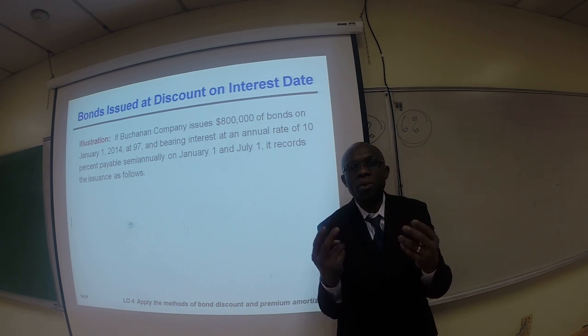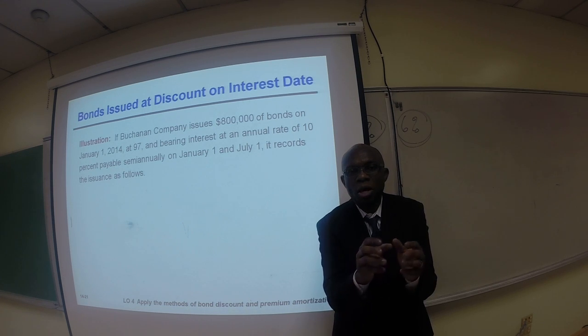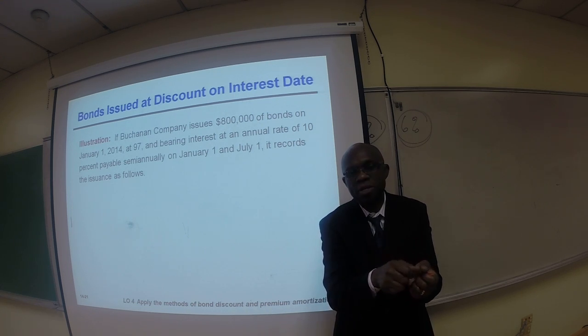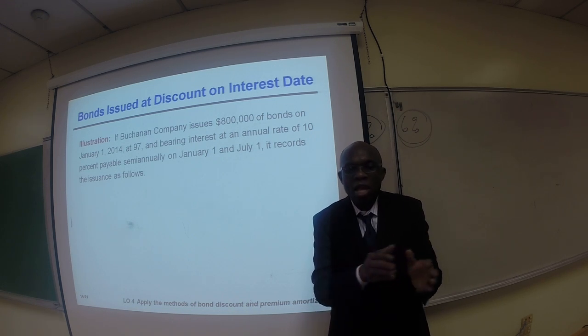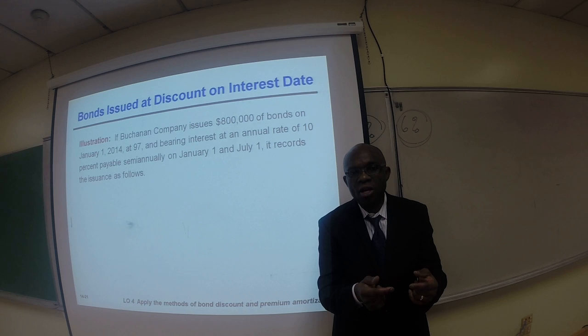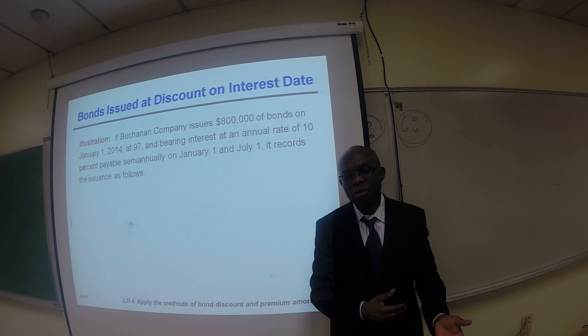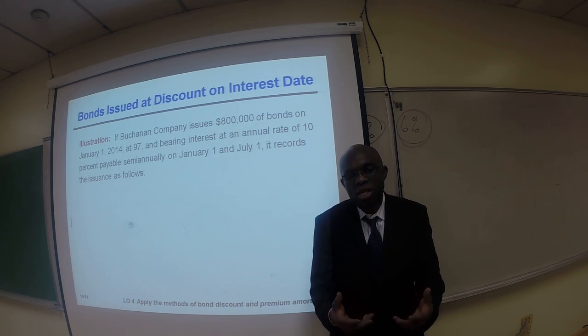By the way, we have two ways of calculating the value or the price of the bond. One approach is we give you the percentage at which it is issued, in this case 97, meaning 97%. If it is 102, that means 102%. Another approach is to calculate the present value of the principal and the present value of the interest payments and add those two numbers, and you have the value or the selling price of the bond.